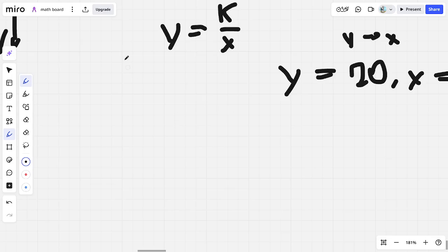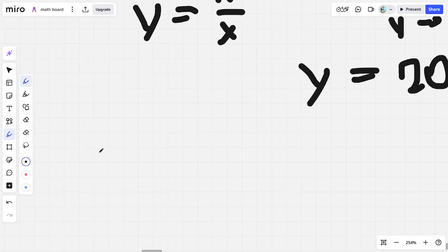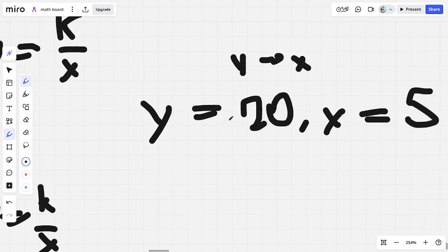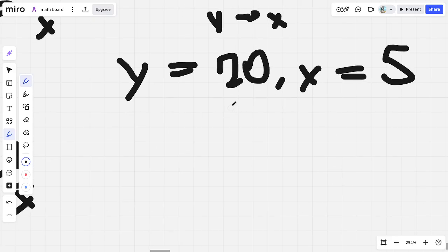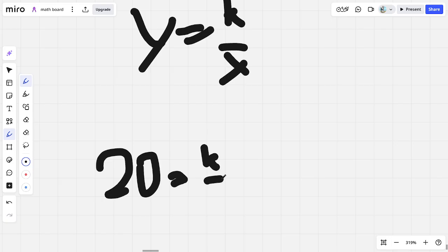So let's just substitute the values of y and x here. So y is equal to k over x. Then we just need to substitute the 20 and 5. So 20 is equal to k over x.